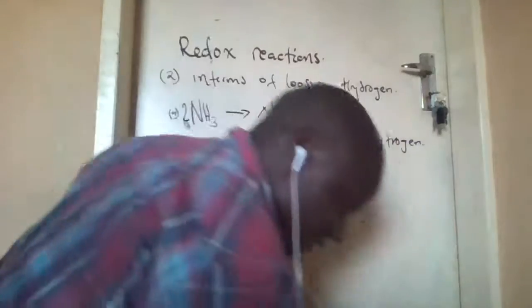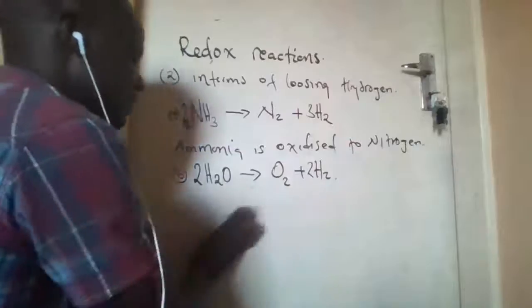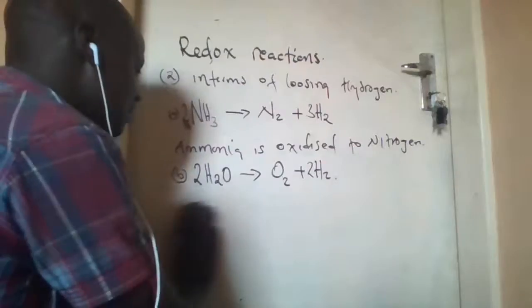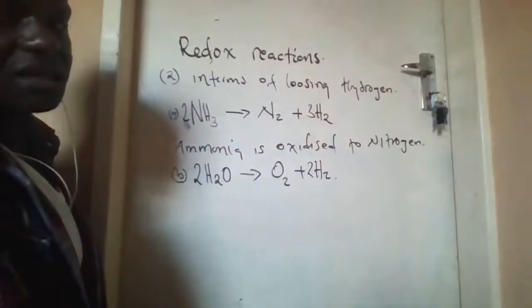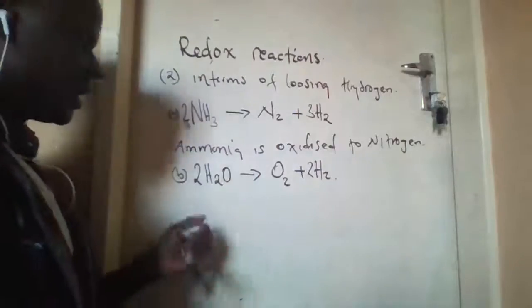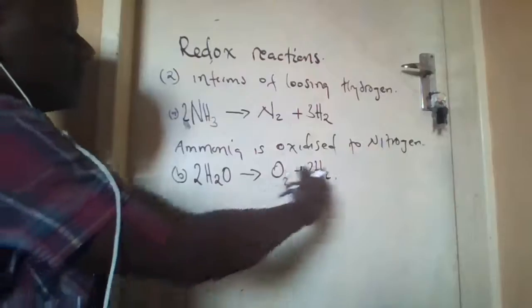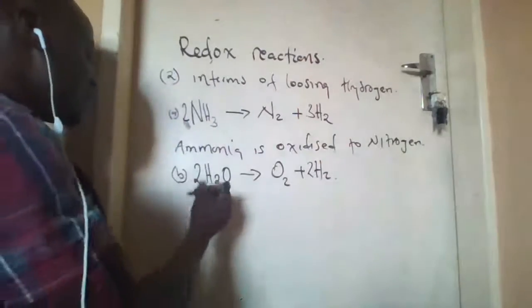So now, what can we say about this? Which one is oxidized? Oxidized to what? Remember the point that I addressed, that when you're writing such an equation, you have to indicate which chemical species has been oxidized, and oxidized to what. In here, the one that contained the hydrogen atoms which have been lost is water.